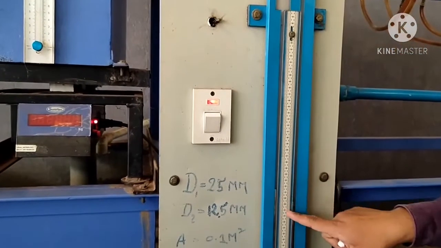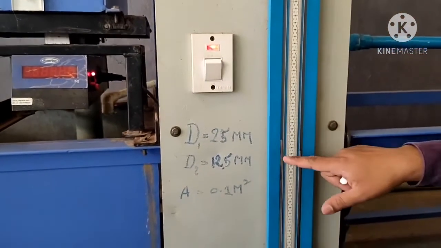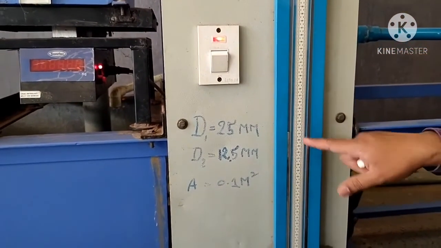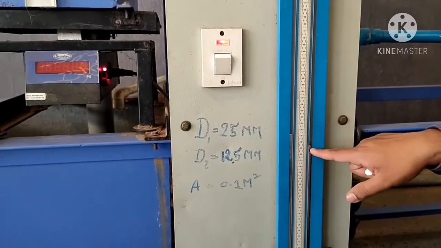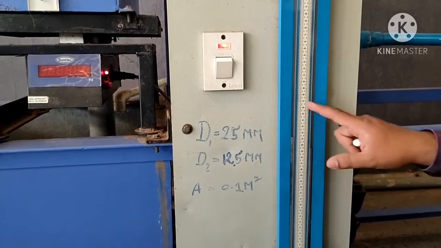That is the H1 and H2 difference. This H1 and H2 is known from the scale, in terms of centimeters.